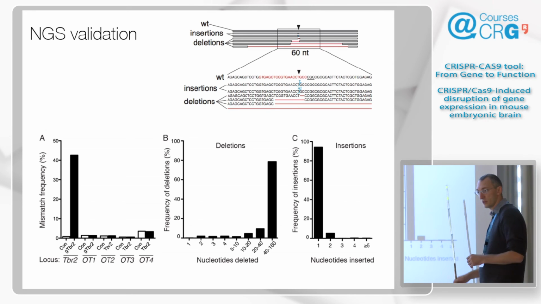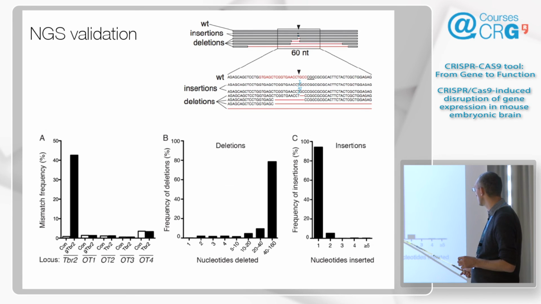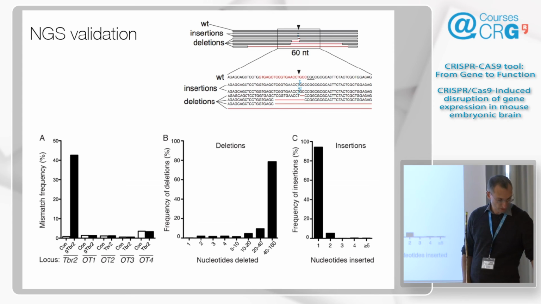The insertions are really interesting, because we get a lot of single nucleotide insertions right at the cut site, and as you can see, almost exclusively we get single nucleotides. We get a few that are 2, and not so many that are 3. Of course, 1 and 2 are out of frame, and that's very good news, because if we were getting 3 nucleotide deletions, then that would often not be mutagenic, and this explains why it works so relatively well.